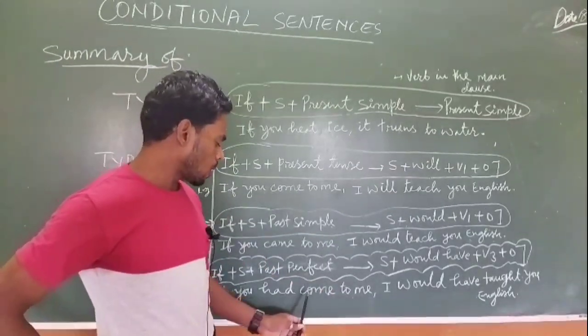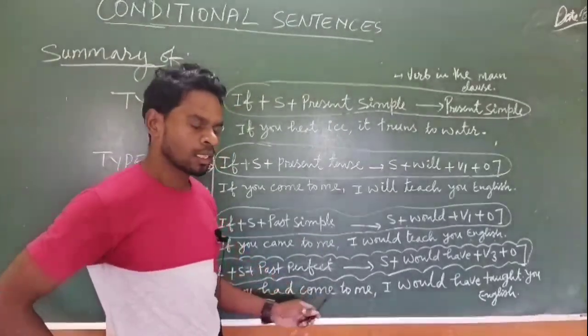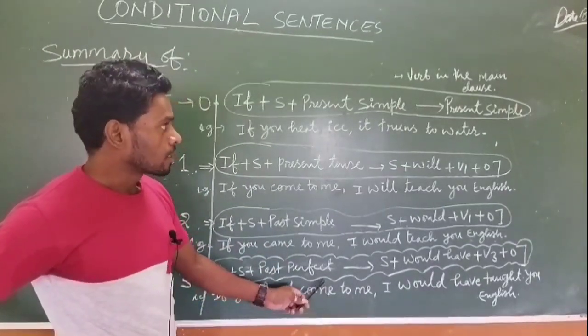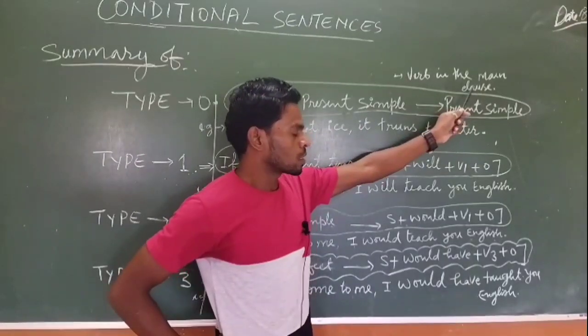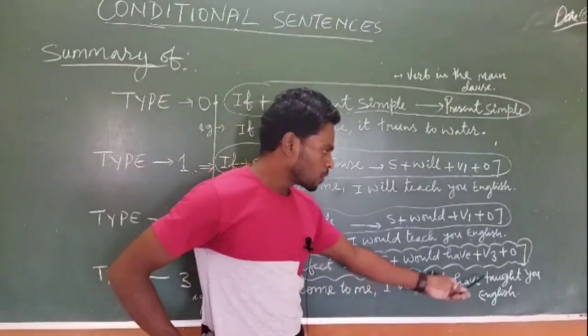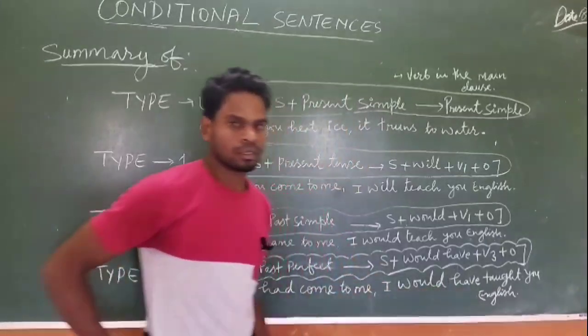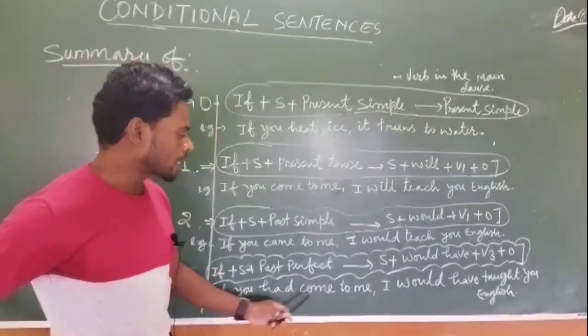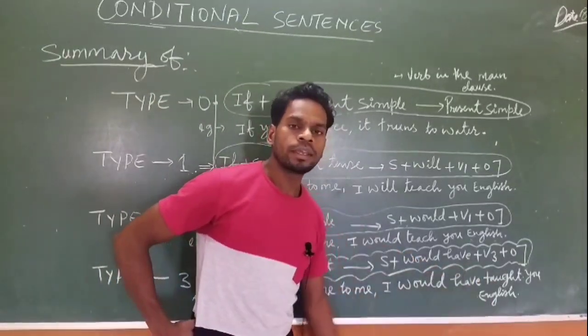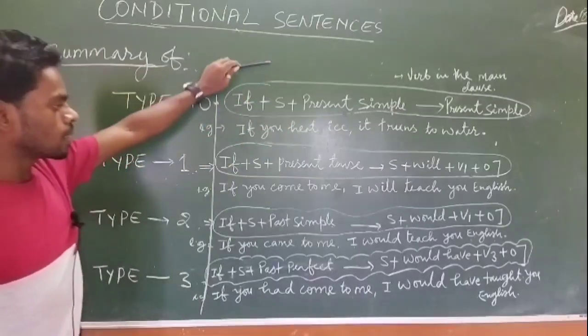'If you had come to me' is in past perfect tense. Then the main clause will be 'I would have taught you English'. So if you had come to me, I would have taught you English. So this is the pattern.